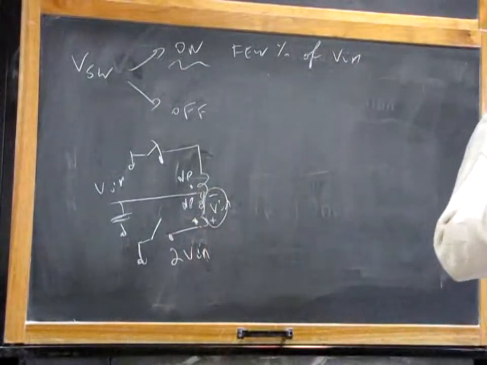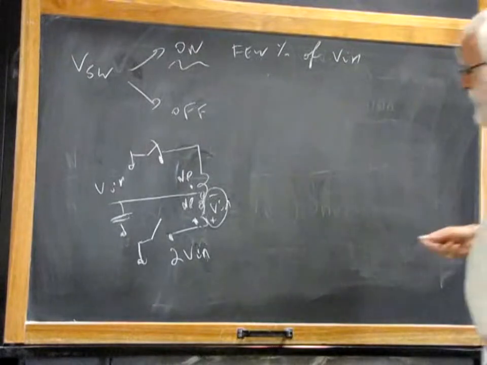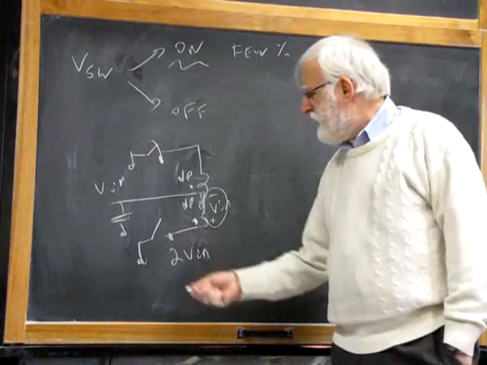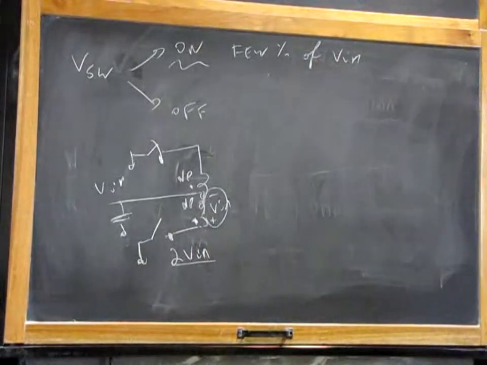And this is the two that they put on your table previously. My voltage stress on this transistor is high because of this transformer effect. But it's not finished, the story.